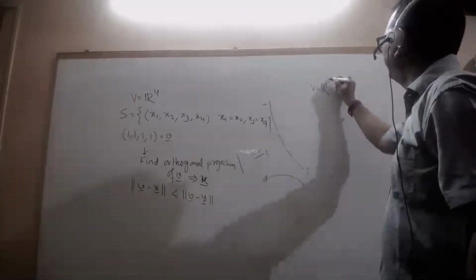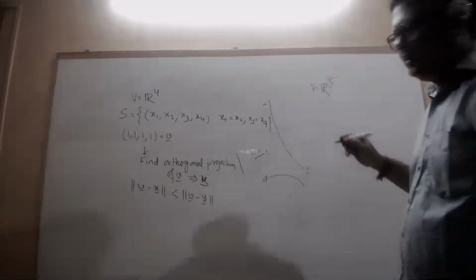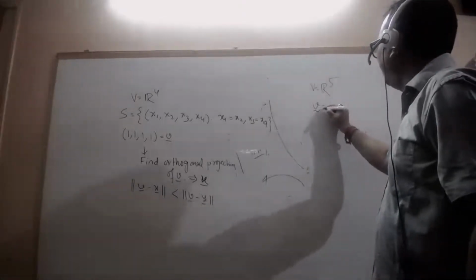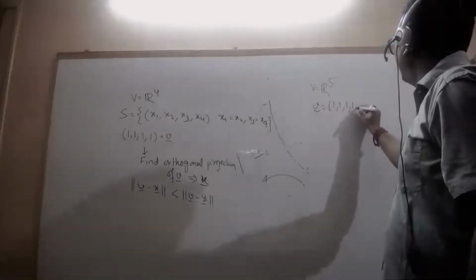V equal to R5, V curve equal to 1, 1, 1, 1, 1.